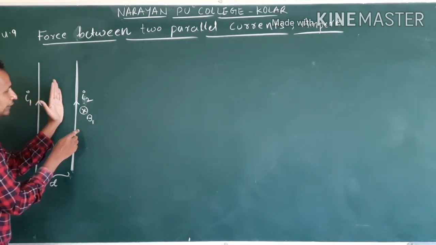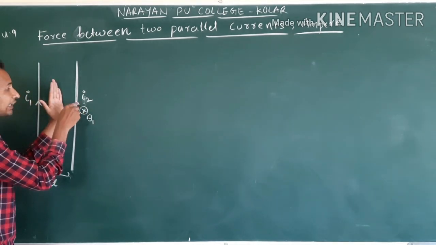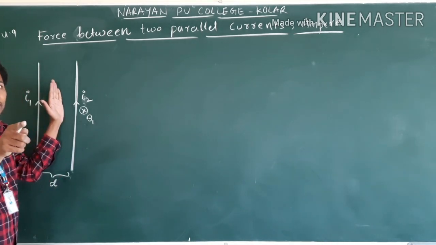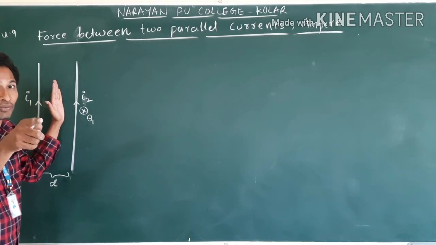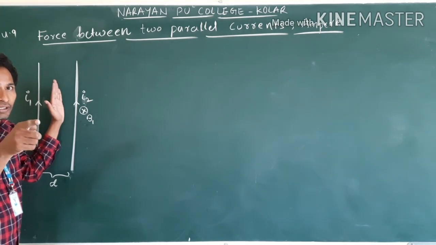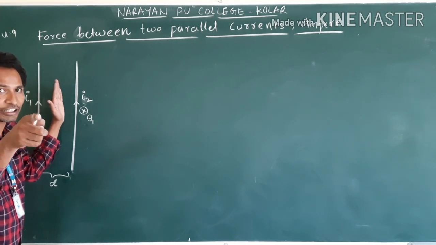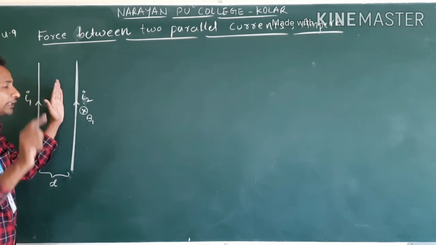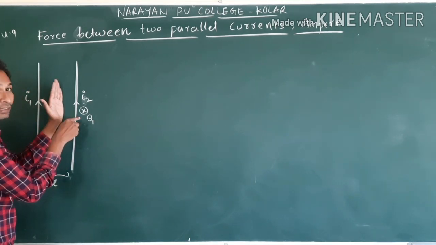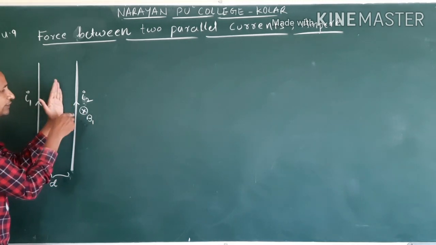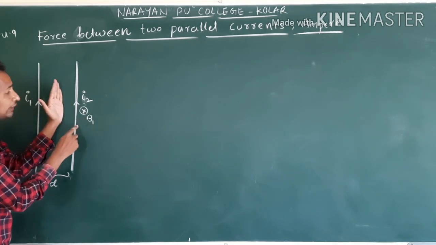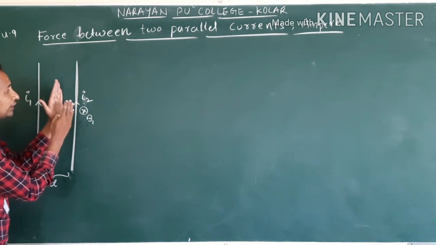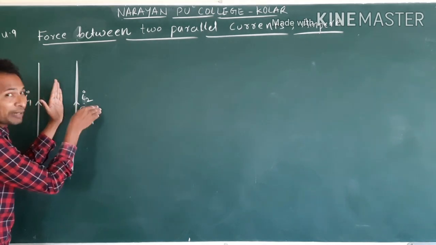Now here this conductor is carrying current in a magnetic field. Already we have seen the derivation of force acting on a current carrying conductor in a magnetic field. According to the concept, this conductor experiences force because a magnetic field is there and the conductor carries current.